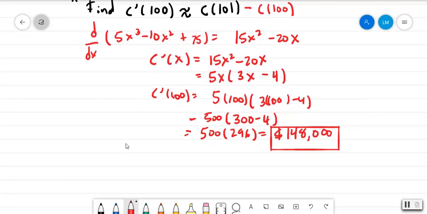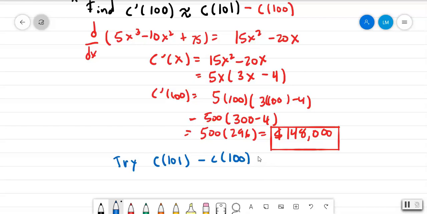So yeah, I would say go ahead and try looking at the actual cost of 101 items minus the cost of producing 100 items, and then see what you get, because apparently this should be equal to approximately 148,000.